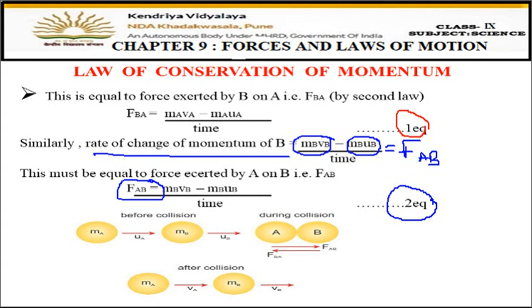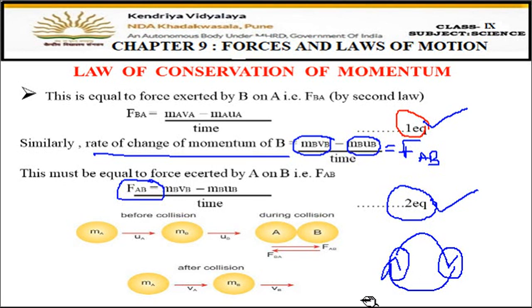Now let's move further. We have equation number 1 and equation number 2. You all know that every action has an equal and opposite reaction, meaning the force applied by B on A should be equal to the force applied by A on B. So at last, we have to show that both forces are equal and opposite to each other.